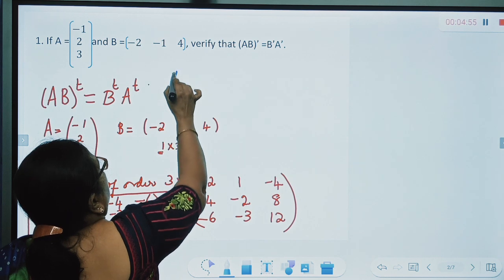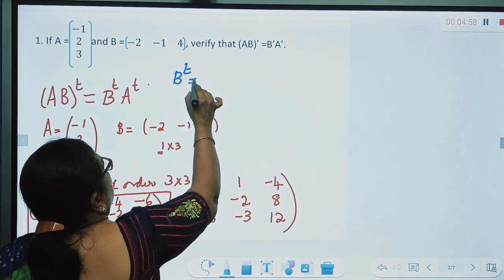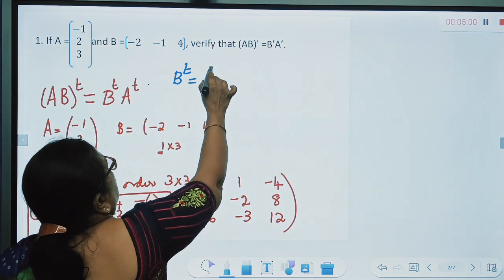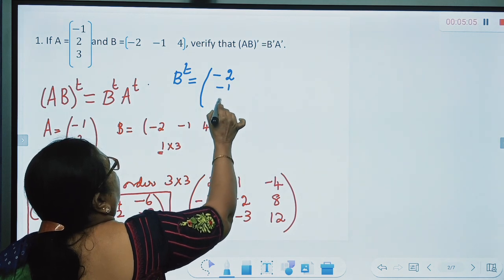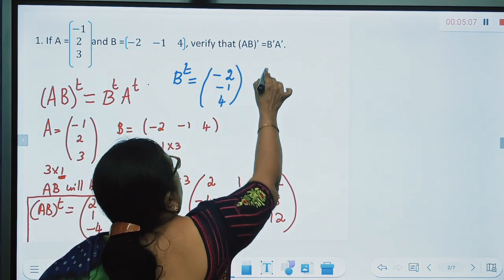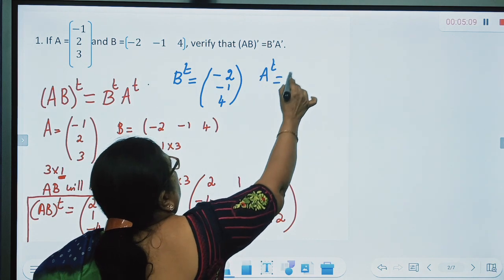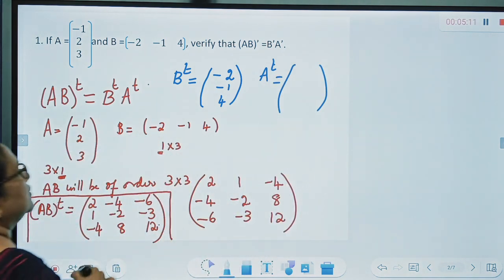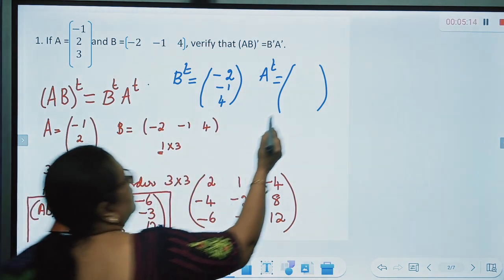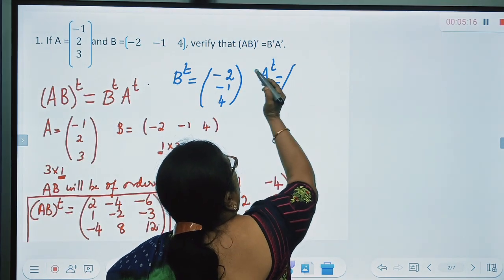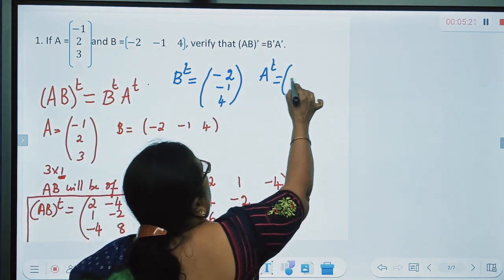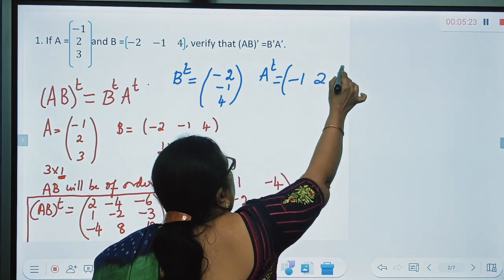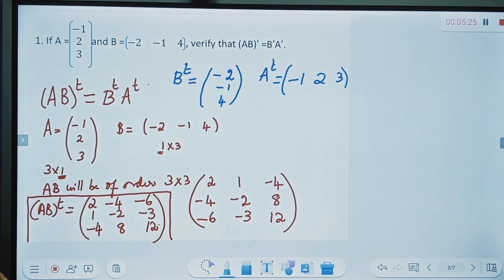B transpose will be [-2, -1, 4]. What is A transpose? It becomes a row, so it will be [-1, 2, 3]. Okay, so I have written the transpose of B and A.